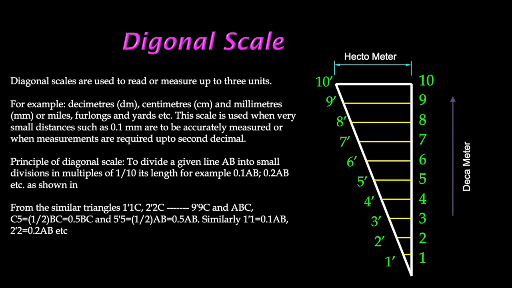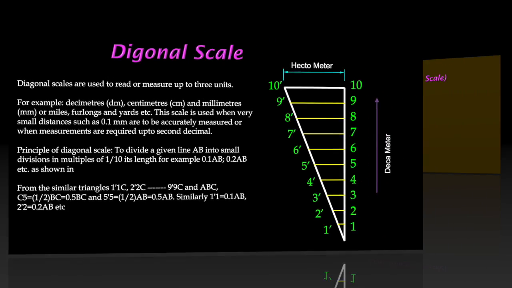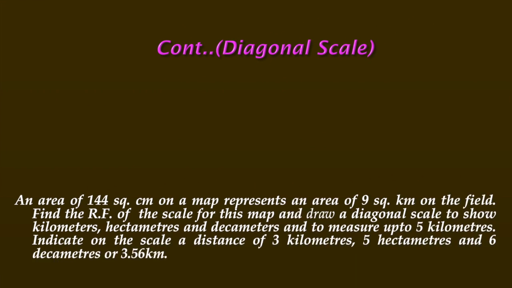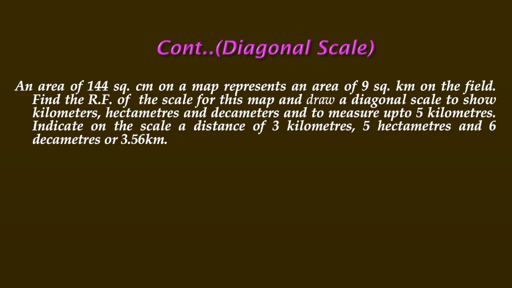Let's see how I apply this method to actually construct a diagonal scale. Let's first consider a particular problem where it is given that an area of 144 square centimeters on a map represents an area of 9 square kilometers on the field.